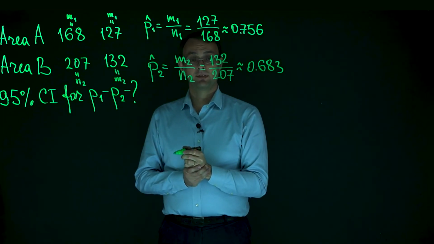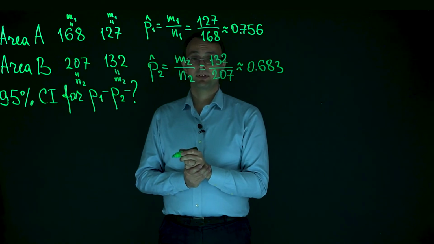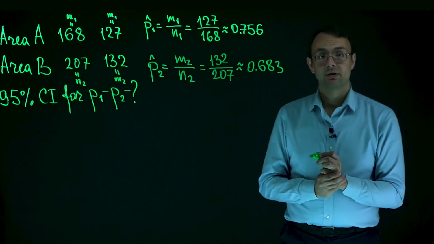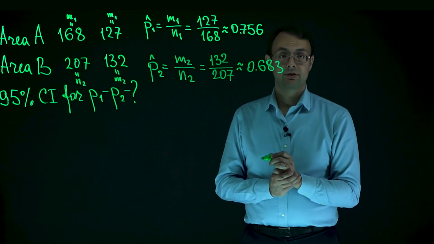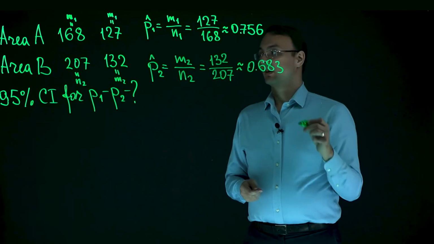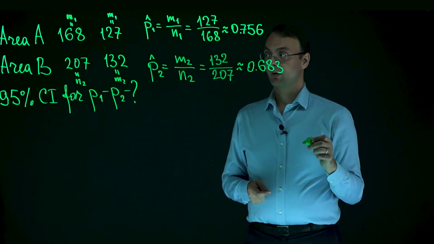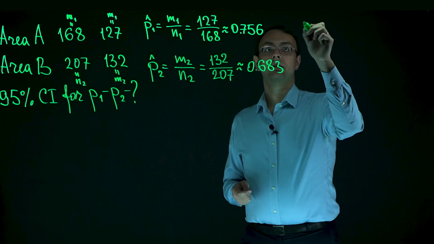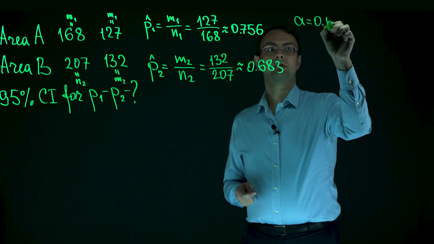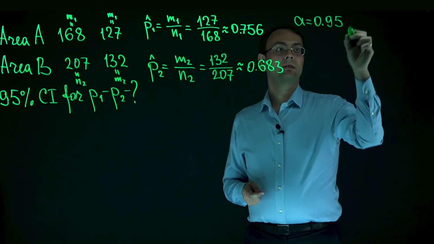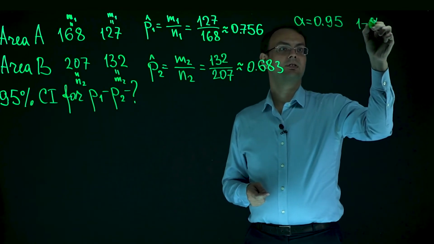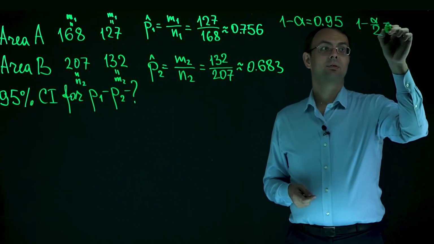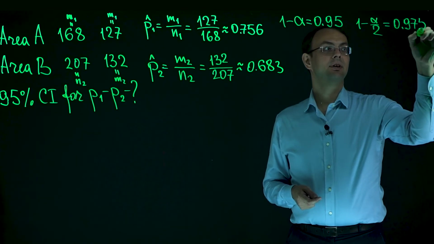When we are constructing a confidence interval for a proportion or for a difference of two proportions, we use the quantiles of the standard normal distribution. So we will need the quantile of the level 1 minus alpha over 2. Here 1 minus alpha is 0.95, so 1 minus alpha over 2 is 0.975.